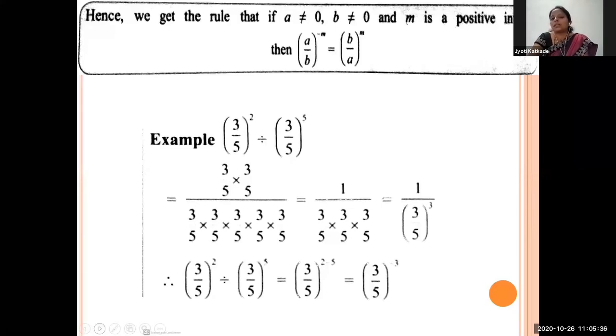According to this, 3 upon 5 bracket raised to minus 3 is equal to 5 upon 3 bracket raised to 3. Means the power gets positive. Okay. See next example.